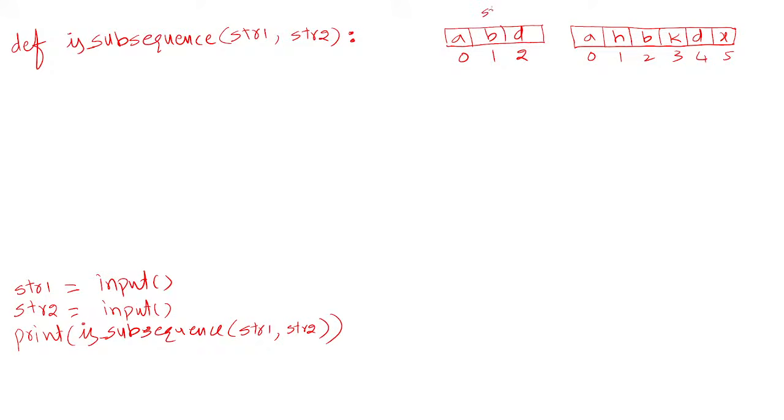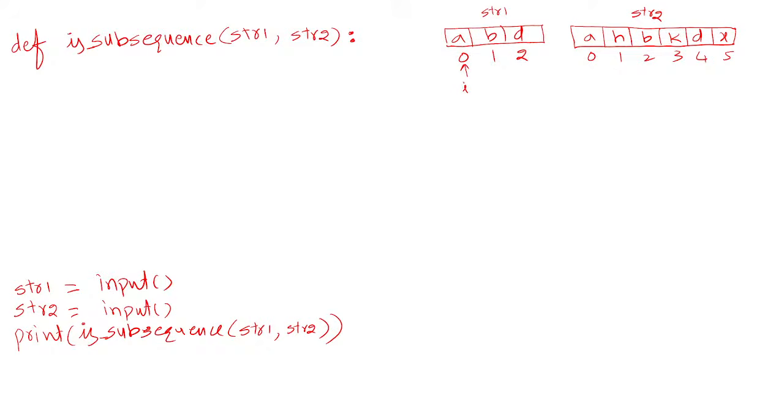So this is str1 and this is str2. Got it? Here, each character's index you should keep track of, so you should traverse.